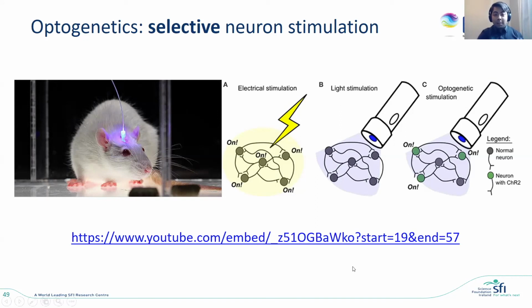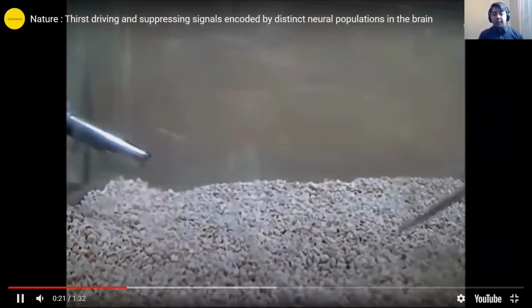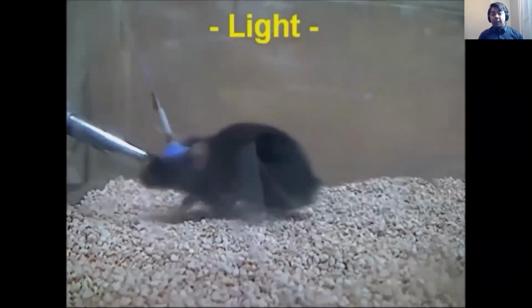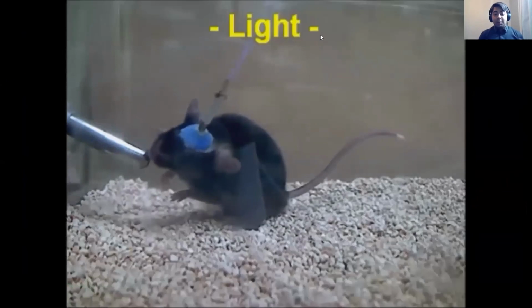Again, this is one of the videos of a mouse where the sensation of thirst was induced by shining light in its brain. In this case, the mouse is just going around the cage. When the light is on, then it feels very thirsty, so it goes to the tap of water and starts to lick the water.